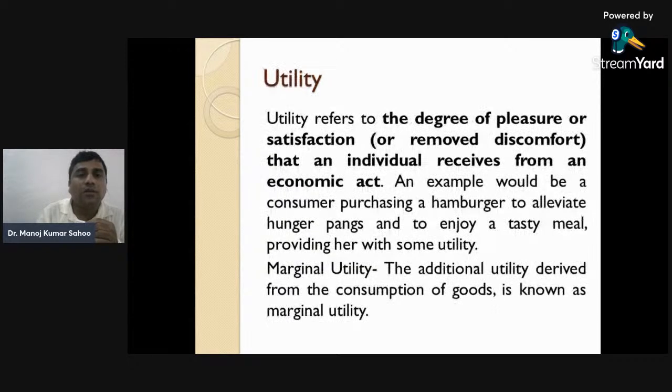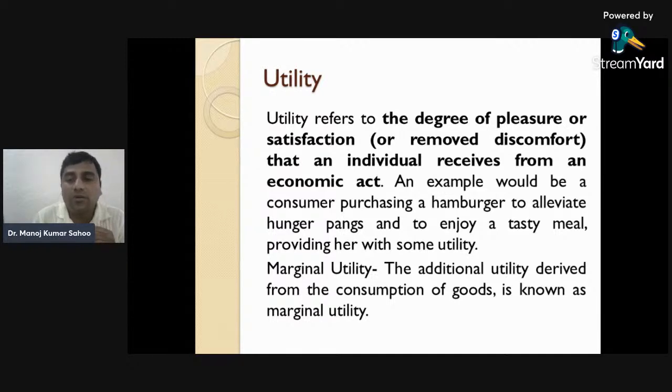Moving further, the new concept is utility. Utility refers to the degree of pleasure or satisfaction that an individual receives from an economic act. So utility means the degree of satisfaction from a product, or the want-satisfying power of a commodity is known as utility.